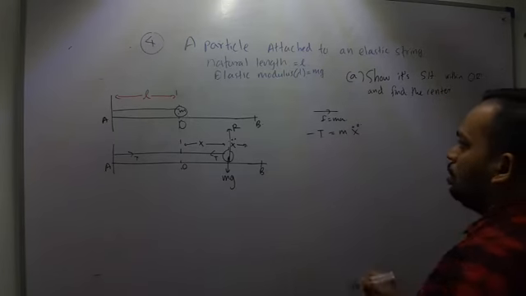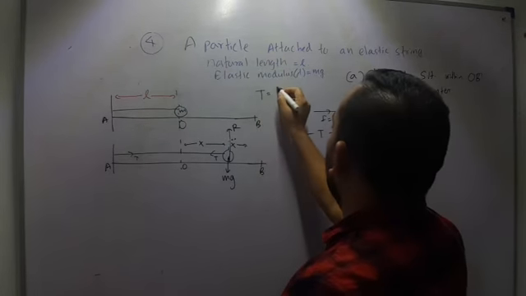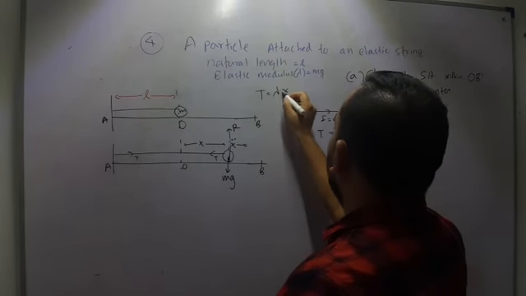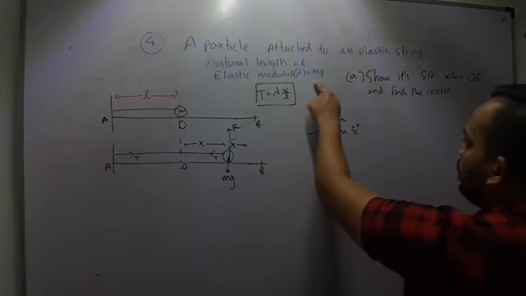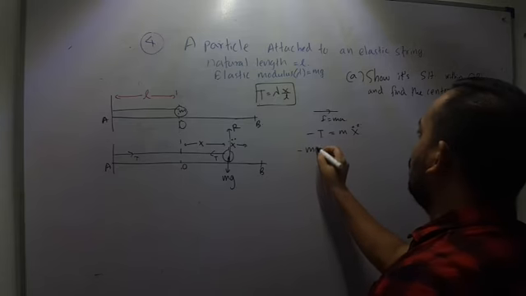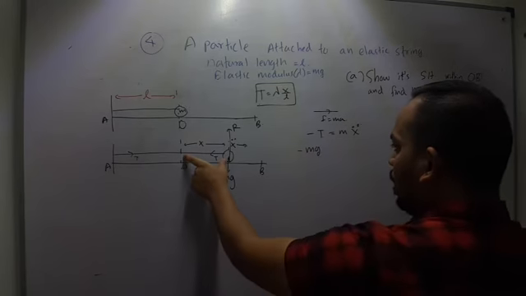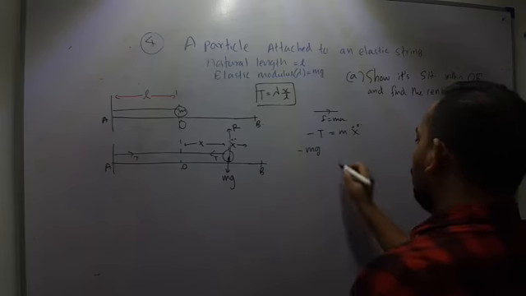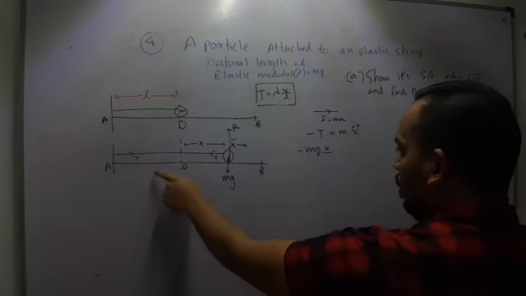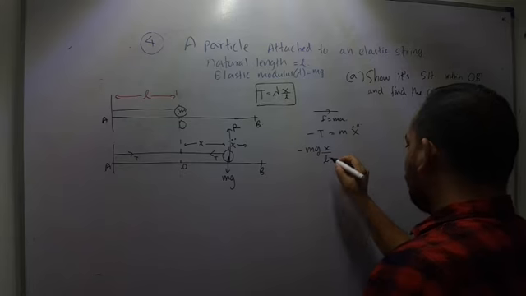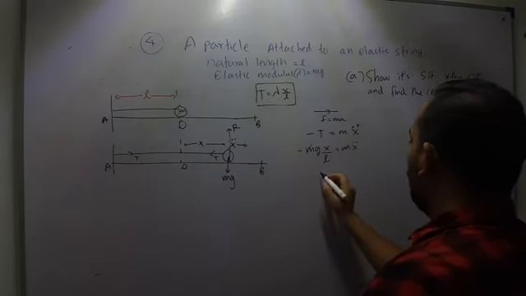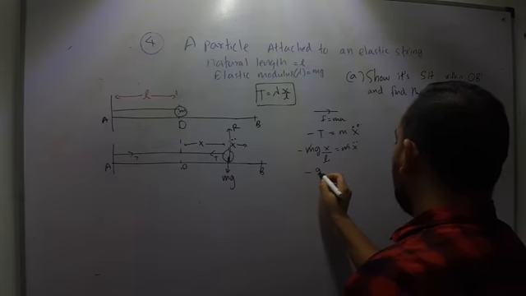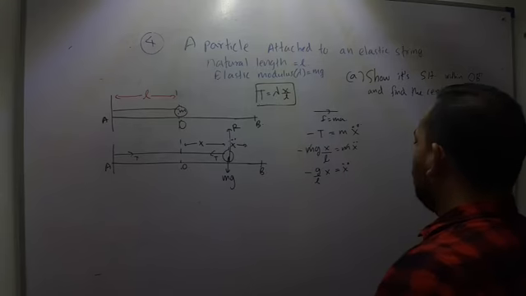So how do you find tension? Tension is given as lambda times extension divided by natural length. Now lambda is mg, so minus mg, times the extension from O, x, divided by natural length, equals m x double dot. So m goes off, and you have minus g over L x equals x double dot.